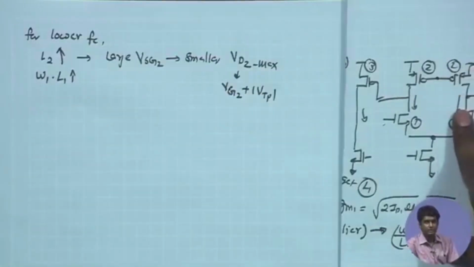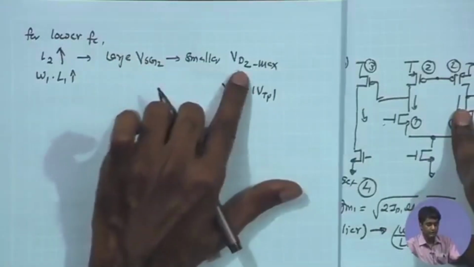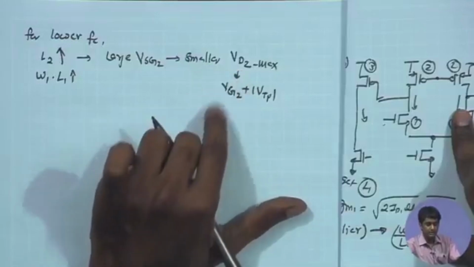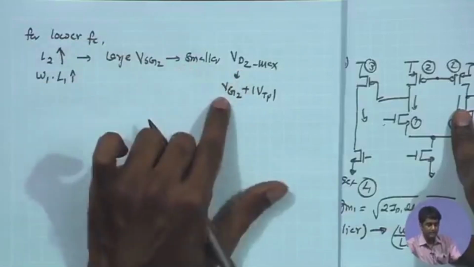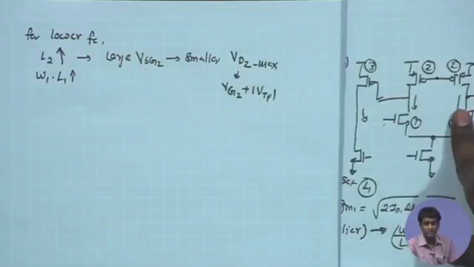If you require a larger VSG, that means smaller VG2 and hence smaller VD2 max.